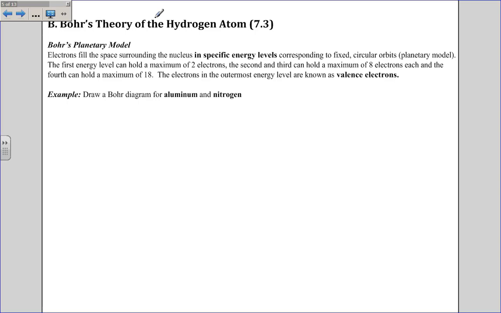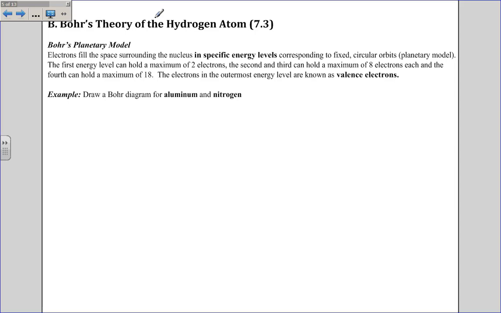So first of all, just a very quick review of Bohr's planetary model. His model is that the nucleus of the atom is in the center, and the electrons fill the space in specific energy levels in circular orbits. So the electrons are essentially traveling around the nucleus like planets would around the sun. In the different energy levels, there's a different specified number of electrons.